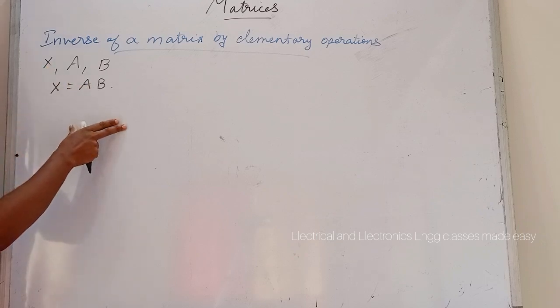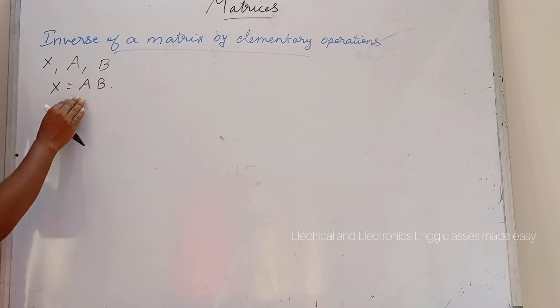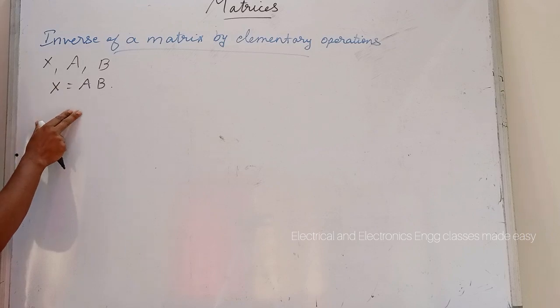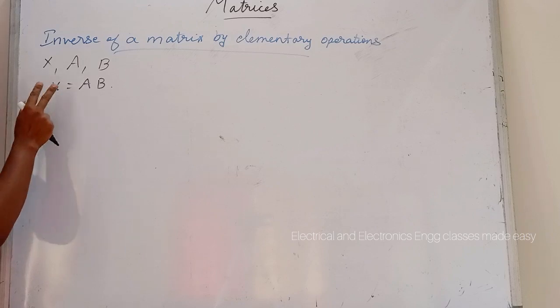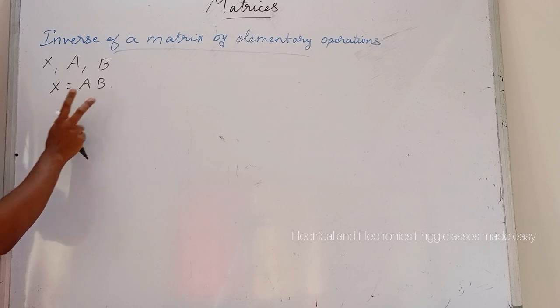Similarly, in order to apply a sequence of elementary column operations on this matrix equation X equal to A into B, we will apply these operations simultaneously on X and on the second matrix B of the product A into B.